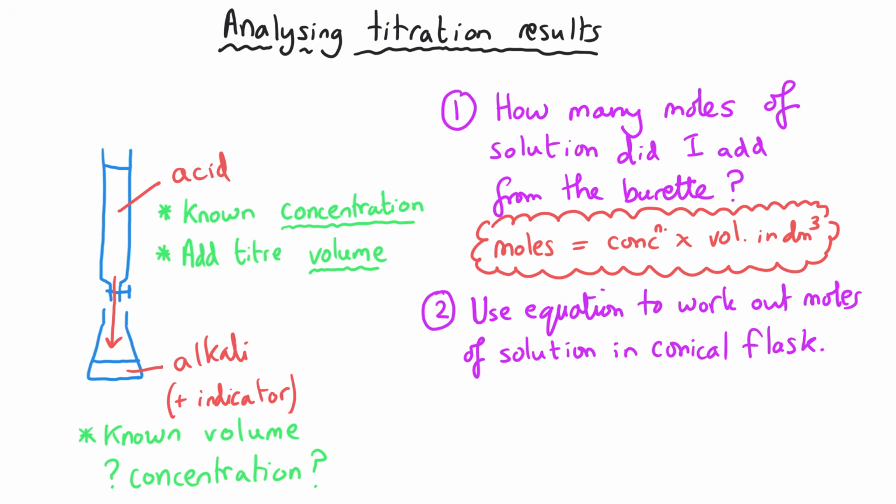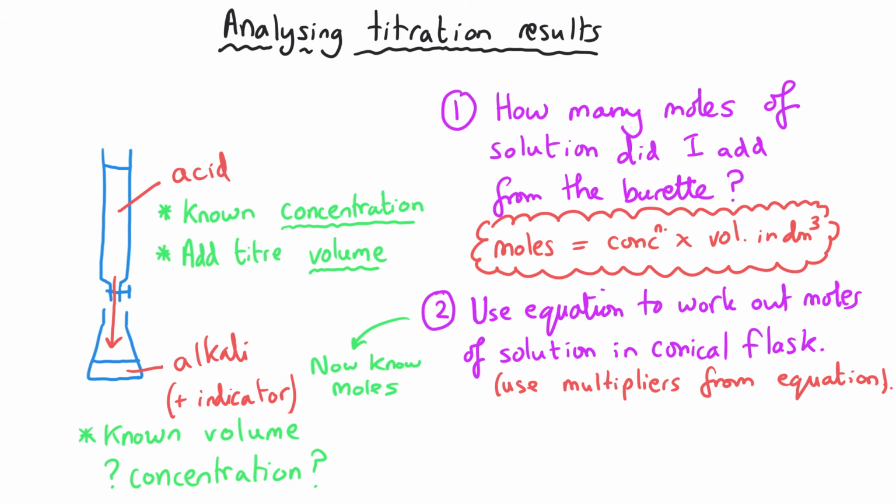Step 2 is to use the equation for the reaction to work out the moles of the other chemical that there must be in the conical flask. That means use the ratios, the coefficients in the equation. Is it 1 to 1 or 1 to 2? We'll look at some examples of that in a moment.